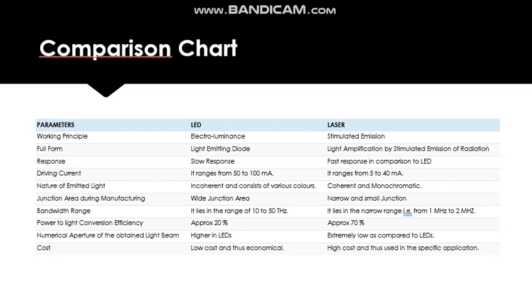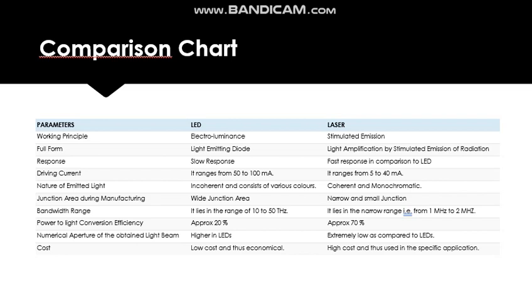Bandwidth range: for LEDs it lies in the range of 10 to 50 terahertz. Laser has it in the narrow range from 1 megahertz to 2 megahertz. Power to light conversion efficiency: LED approximately 20%, laser approximately 70%.